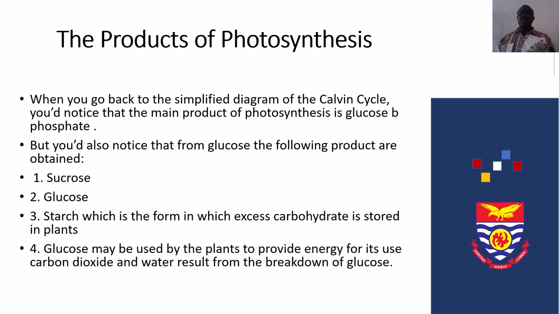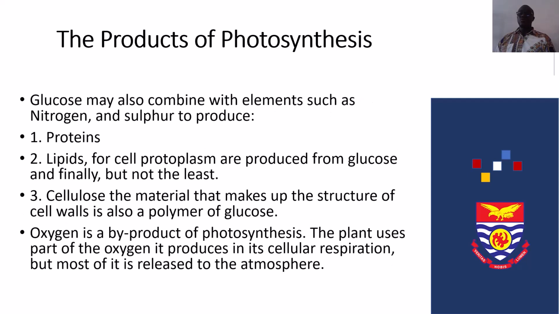Carbon dioxide and water result from the breakdown of glucose. Glucose may also combine with elements such as nitrogen and sulfur to produce proteins. Lipids for cell protoplasm are produced from glucose, and finally, but not the least, cellulose, the material that makes up the structure of cell walls, is also a polymer of glucose.